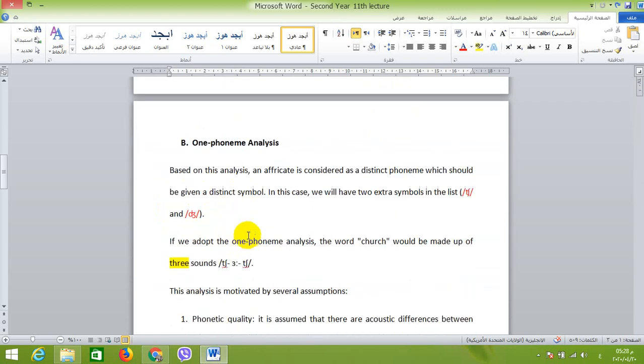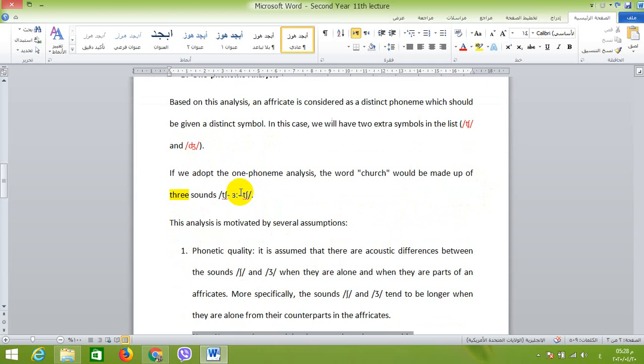Now, the other way to look at affricates is to deal with them as one phoneme. So j is one phoneme by itself, and ch is one phoneme by itself, and each one of them is a distinct phoneme that should be included in the list of phonemes in English.